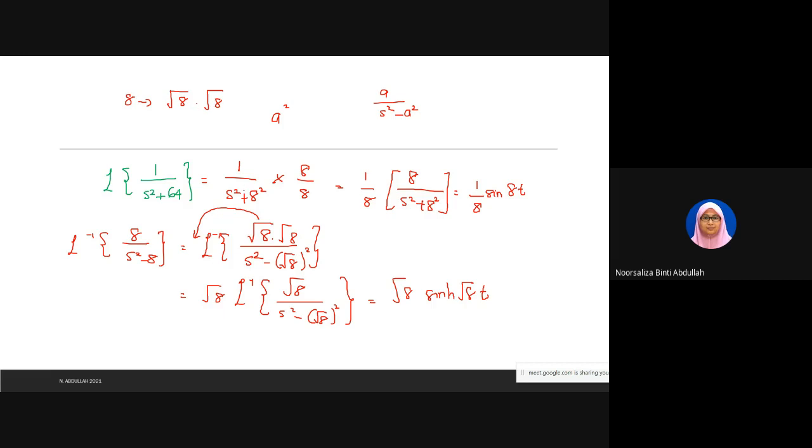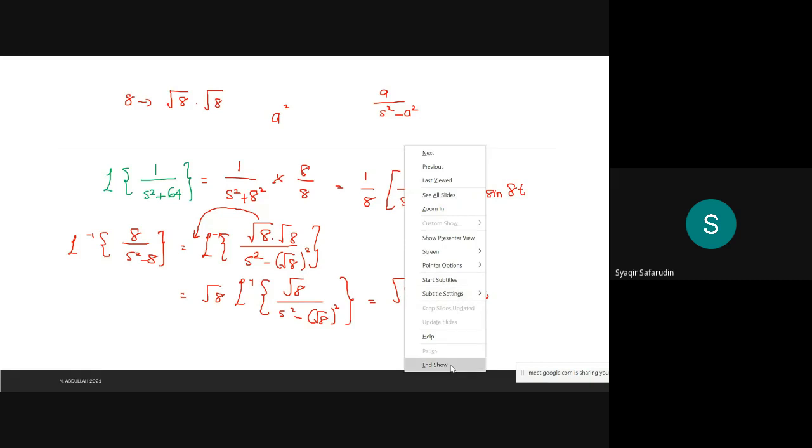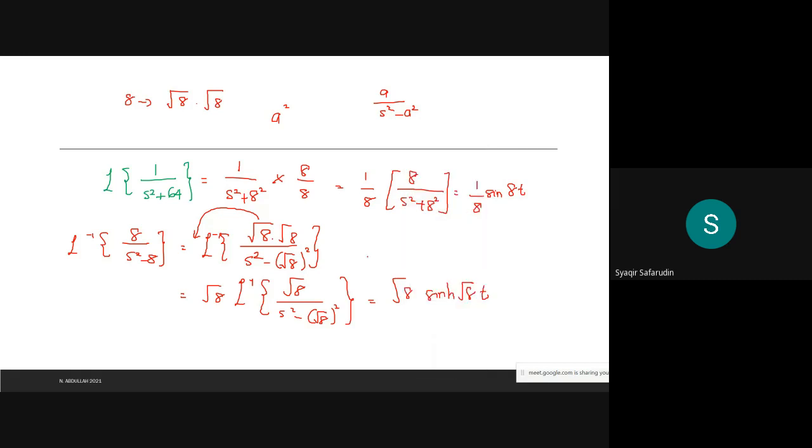Kenapa kita pakai punca kuasa 8 ke? Saya terang balik. Kenapa dua kali? Punca kuasa 8 tu sebab kita nak tu kan. Sebab 8 punca kuasa 8 kan. Yang mana nak tanya? Yang ni? Yang atas.